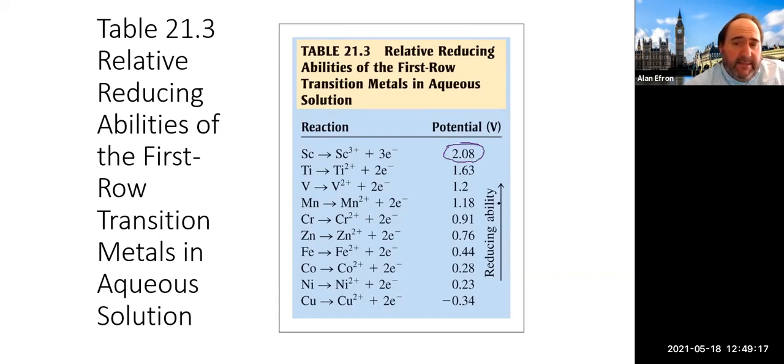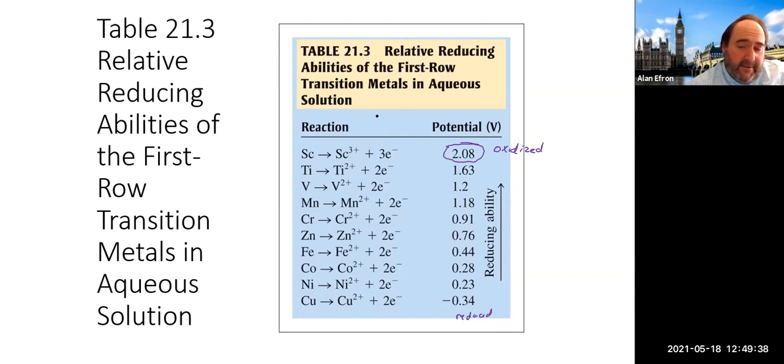Reducing ability means it's like a reducing agent, which means that going this way, this is the thing that's most likely going to be oxidized. Going the other way is the thing that's most likely going to be reduced. And you may look at these numbers and go, wait a sec, I thought the more positive guy was my cathode and getting reduced. And it is.